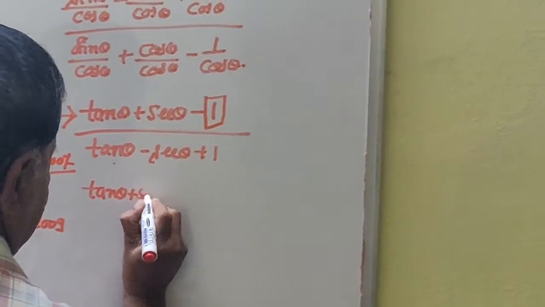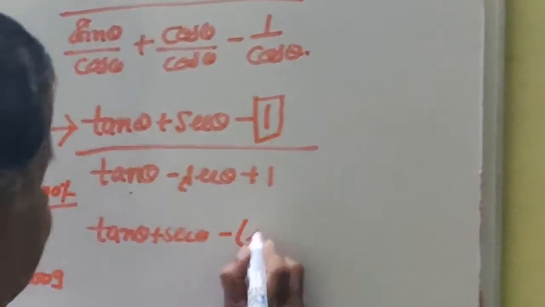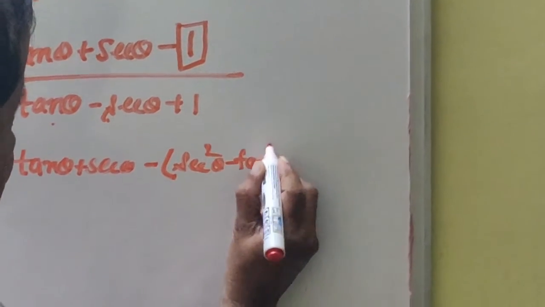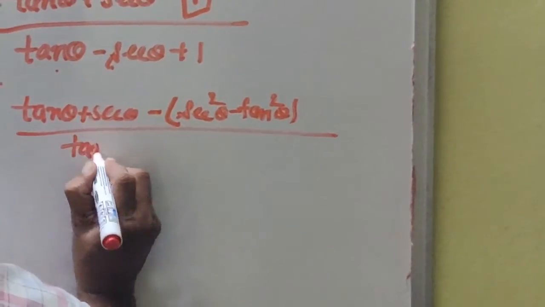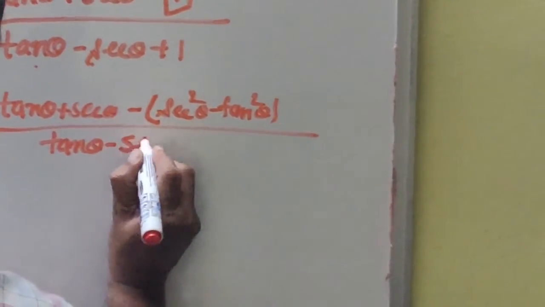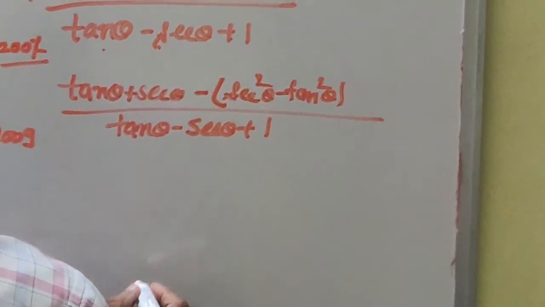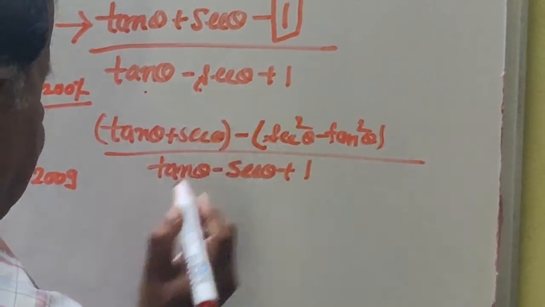Tan theta plus sec theta minus, I am writing here, sec square theta minus tan square theta. You understand this one? Numerator will remain, denominator will remain the same, no change in the denominator. Now this can be written as a square minus b square, a plus b, a minus b. So I can take out common here.